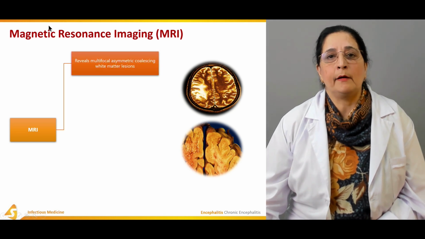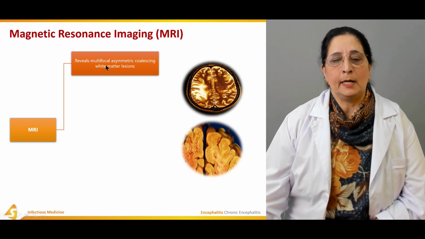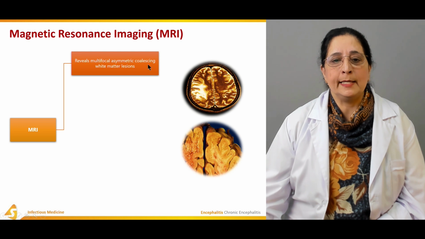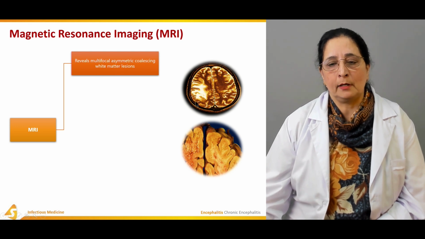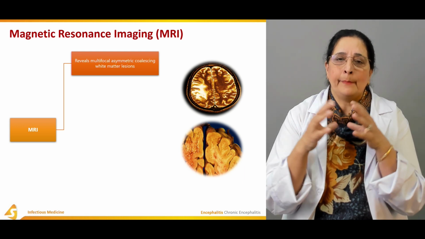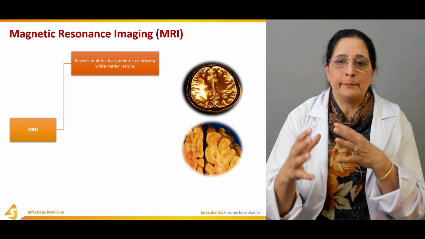When MRI is done, it reveals multifocal asymmetric coalescing white matter lesions. The lesions coalesce, combining together to form one big lesion.